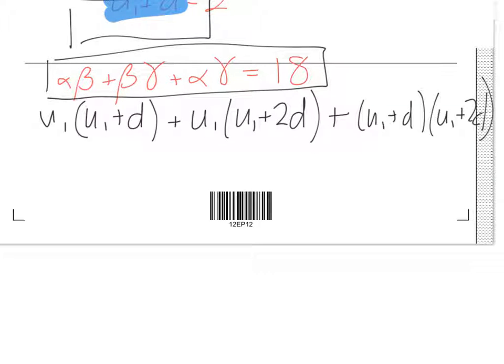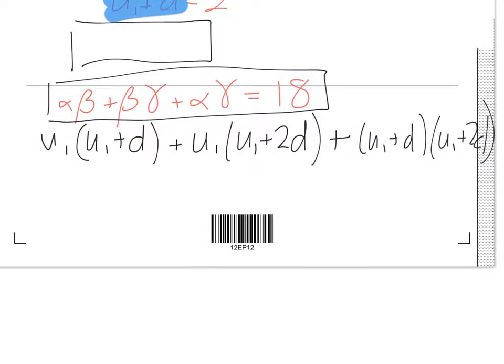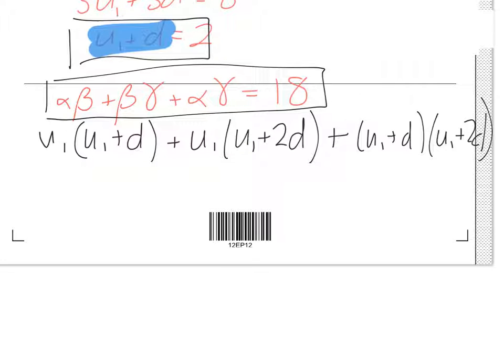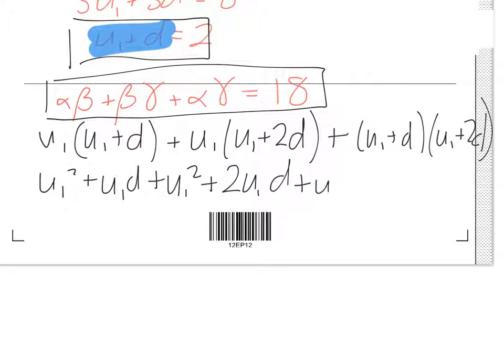So that is equal to 18, and we've still got this little bit here, u1 plus d is equal to 2. So we're just going to solve that system, and we should be able to figure out a value for u1 and d, and for alpha, beta and gamma, and be able to work out c. So let's see, we get u1 squared plus u1d plus u1 squared plus 2u1d plus u1 squared plus 3u1d plus 2d squared equals 18.